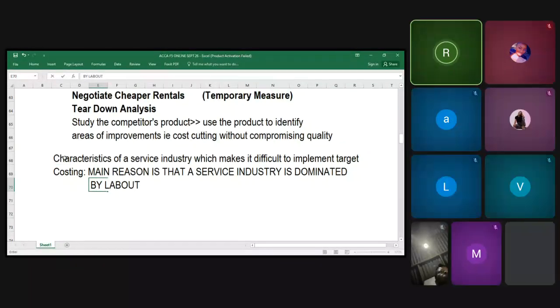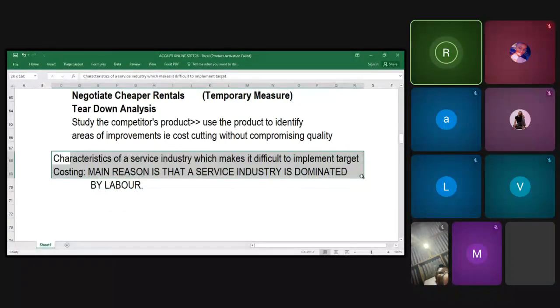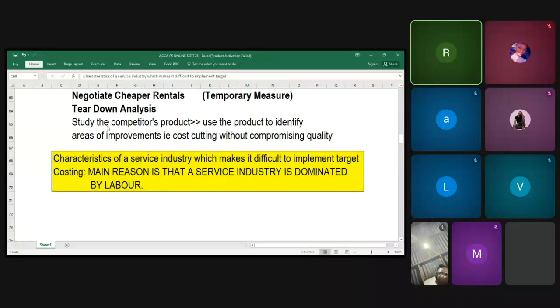So labor is the most important and critical resource in a service industry. All right, so that is what we have. Since we have labor, we are saying it is difficult.